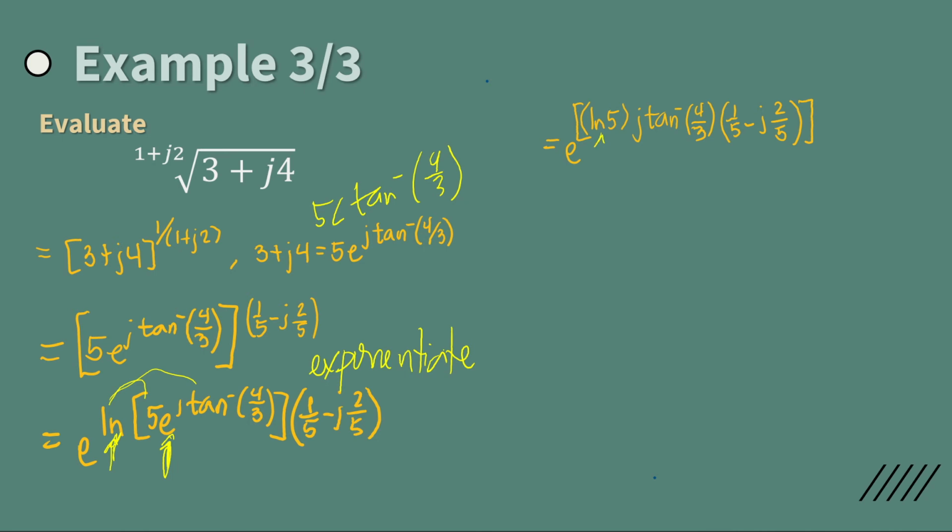Then you just distribute these terms to each side, so you will have that one. Very simple, you just distribute them, and you see there's a j here and a j here, so j times j is negative 1, times negative, so this becomes positive. And then you simply have 2 over 5 times ln 5.